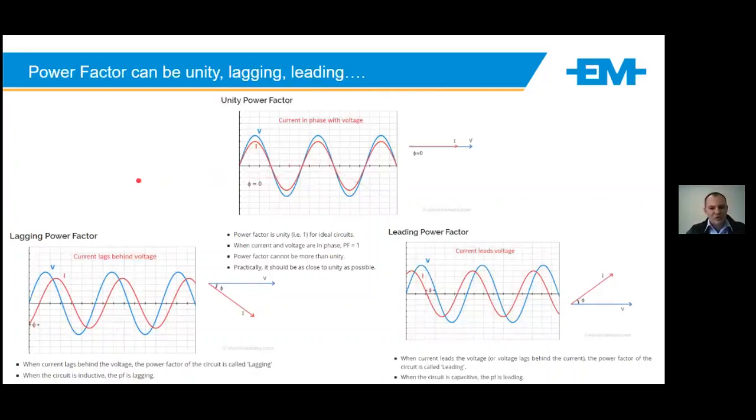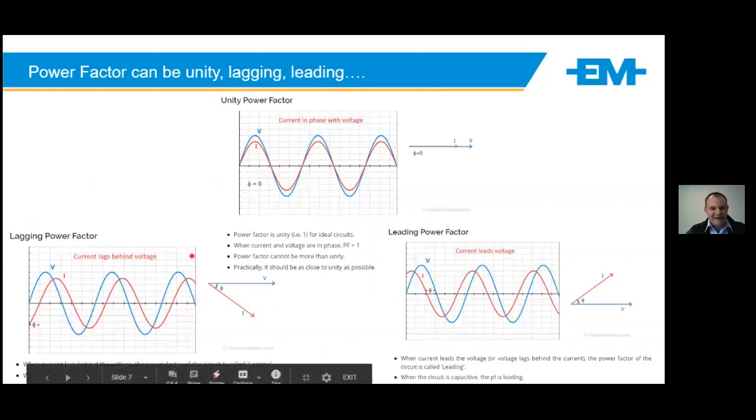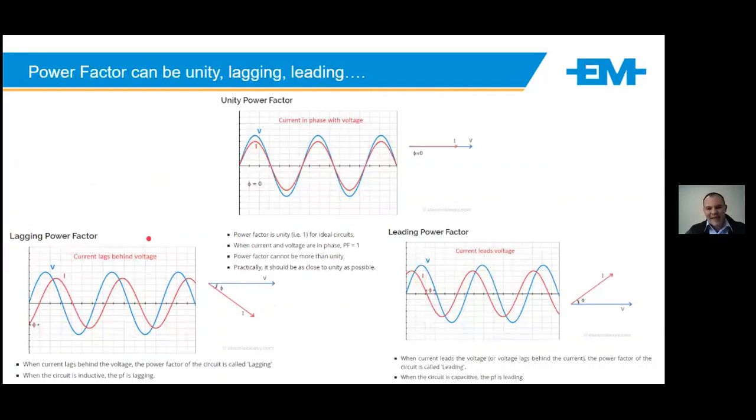When we move to a lagging power factor, which is what we try to correct with power factor correction, the current lags behind the voltage, and the power factor in that circuit is then considered to be lagging. This is a result of inductive loads.